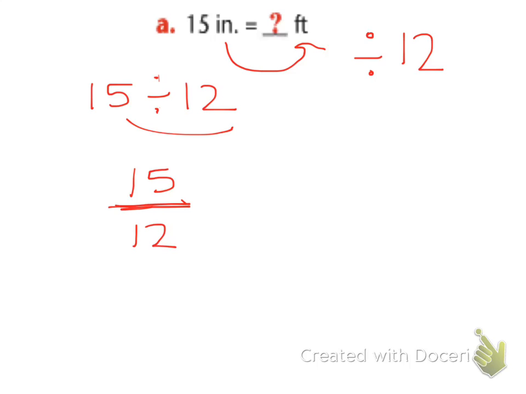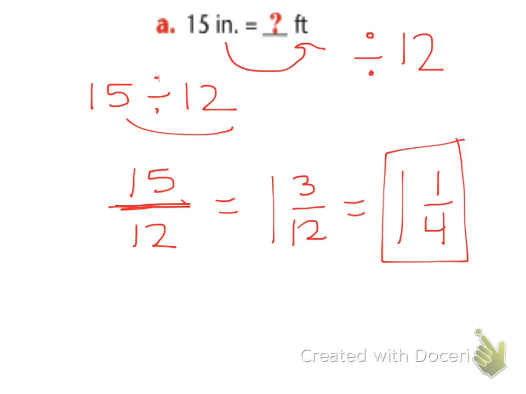So you could write this as 15 twelfths, and then simplify that into a mixed number. So 12 goes into 15 once, and there would be 3 left over. So 1 and 3/12, but you can still put that in lowest terms, and we expect you to write it like this. So our answer would be 1 1/4 feet are equal to 15 inches.